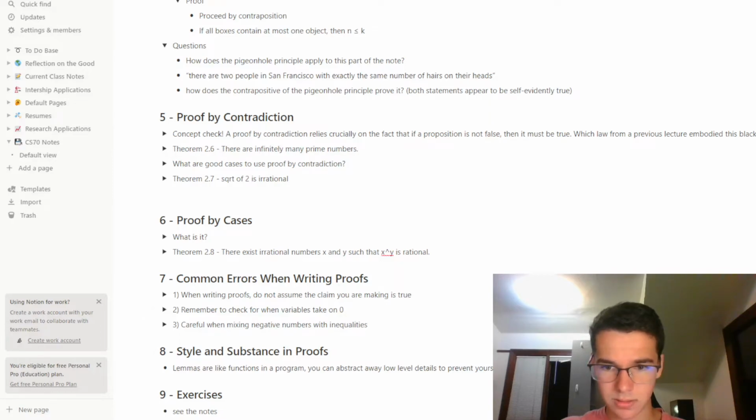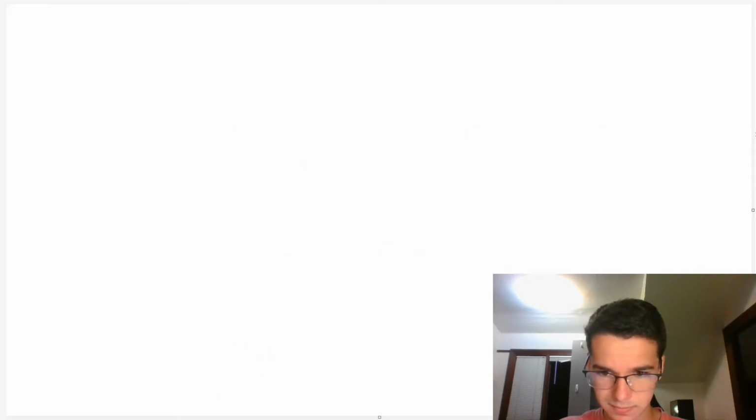Okay, so switching over, let's see if I'm able to do this. So we're assuming that there are a finite set of prime numbers, right? So that means we could enumerate them as P1 and P2 all the way up to PK, which is the last prime number.